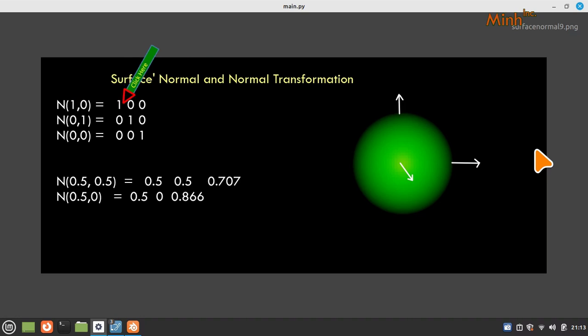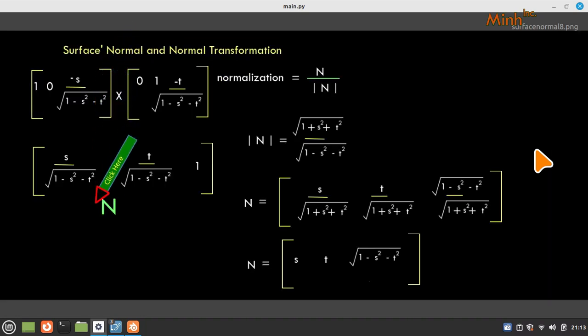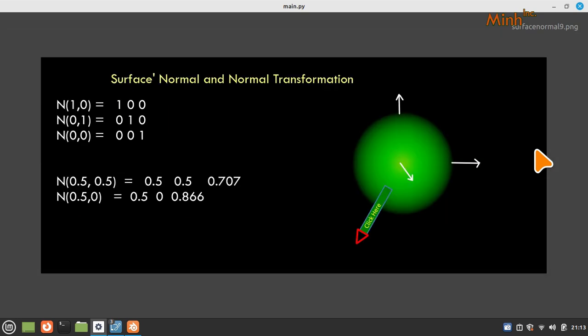It would lead to 1, 0, 0. So here at this point, 1, 0, it will be outwards, that is the normal. This is what we want. In Y direction, it will be like this. And where Z is 1 and X, Y are 0, it will be like this.